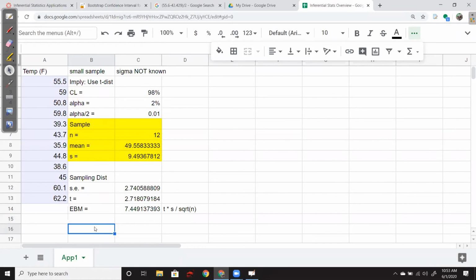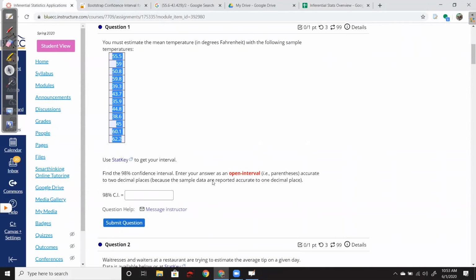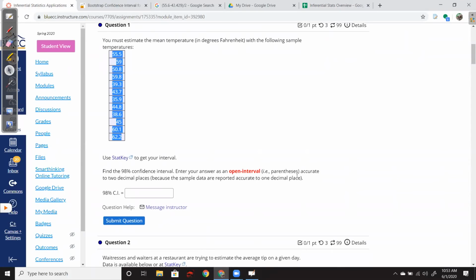Once I have that, then I can get my interval, because notice I have some important things here. Let's use bold. We have the mean here, the center value, and we have the margin of error here. And that gives me my interval. So I'm just going to round these numbers. Did the problem say where to round? Accurate to 1 decimal place.